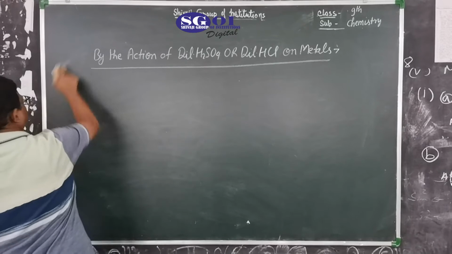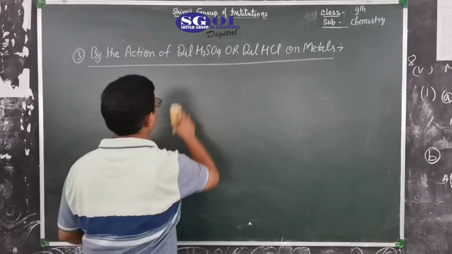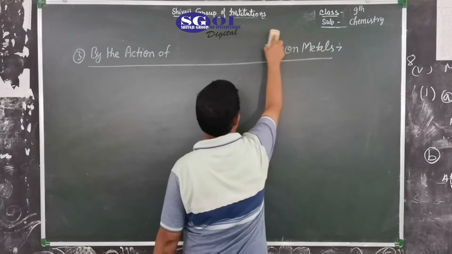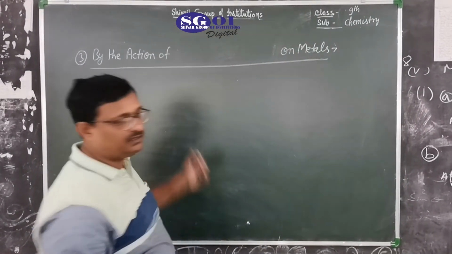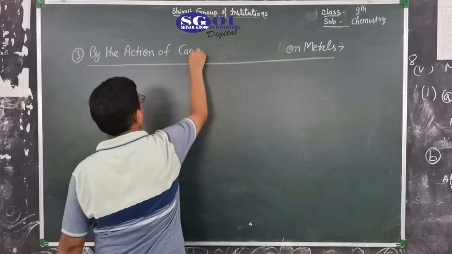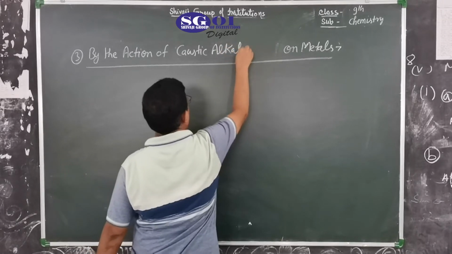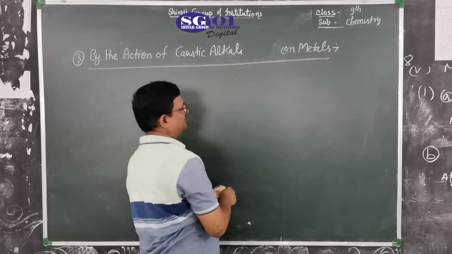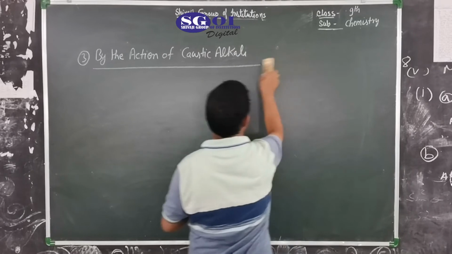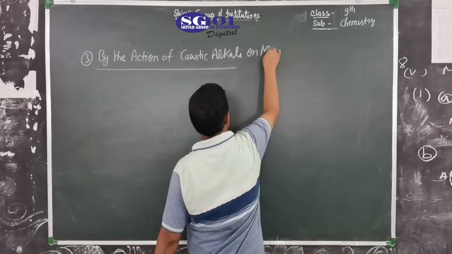Third one is the action of caustic alkali on metals.